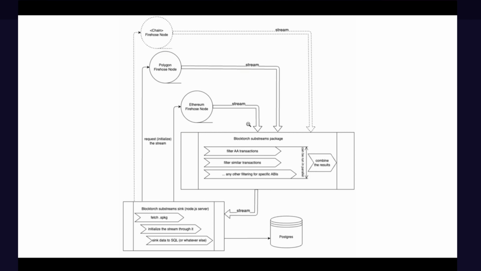So instead of just connecting to the Firehose node and streaming all of the blocks into our Node.js server before storing the transactions there, we are now using the substreams that I showed you earlier, and we're packaging this code and this whole logic into one package, which we then use as the intermediary layer that filters out only the things we are interested in.